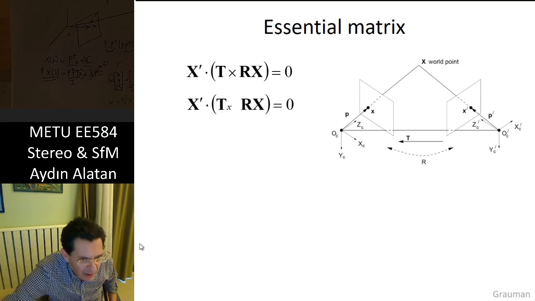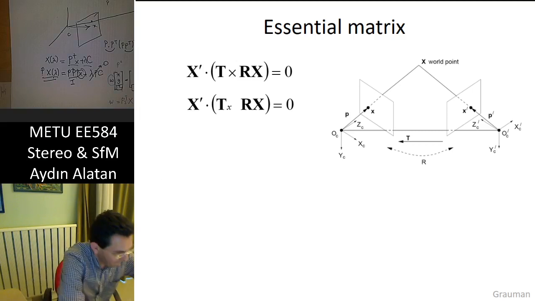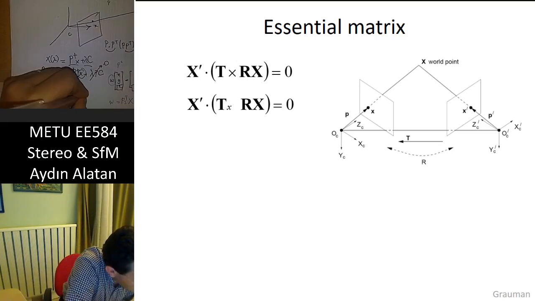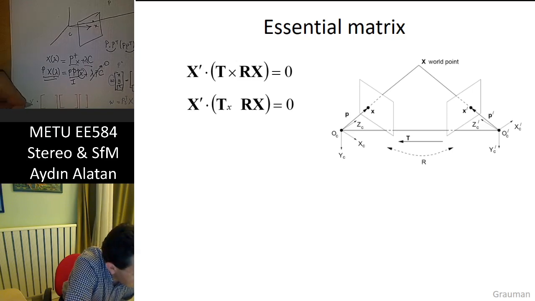Now just look carefully here. I'm talking about this. There is a vector, there is a matrix, there is another matrix, inner product with this guy.